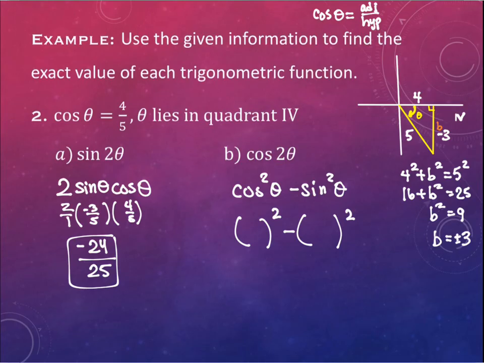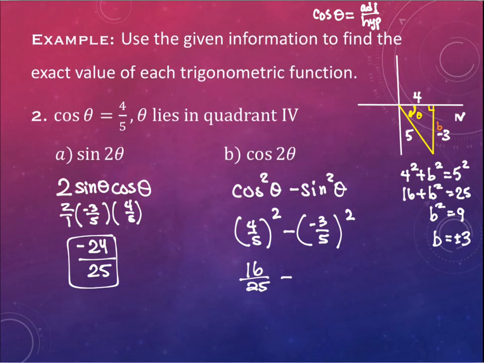So what is the cosine squared? What is the cosine value? I should say it that way first. It was 4/5, right? Cosine of theta is 4/5. What is sine theta? -3/5. So we're going to square 4/5. What's that going to give me? 16/25. There's a subtraction sign in the middle. And then I'm going to square this next one.